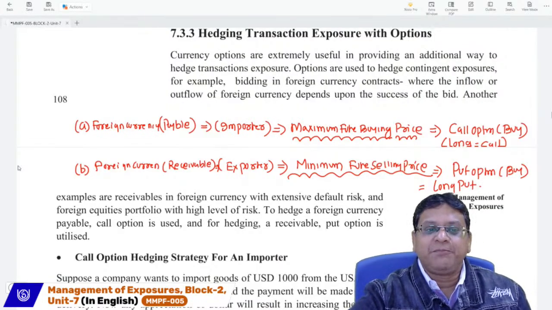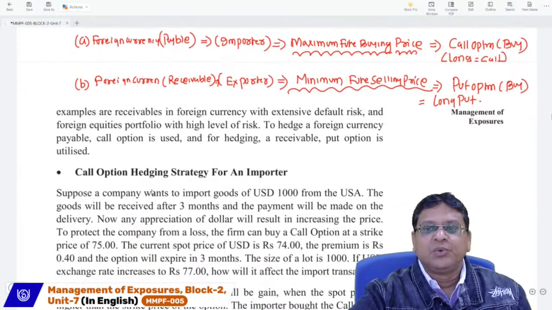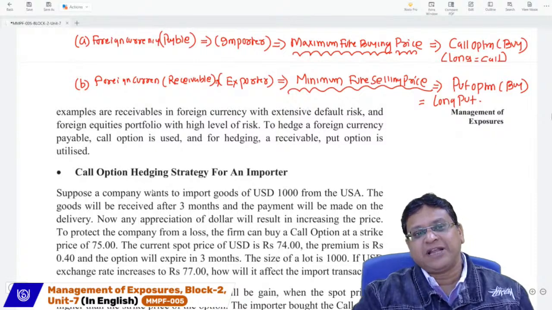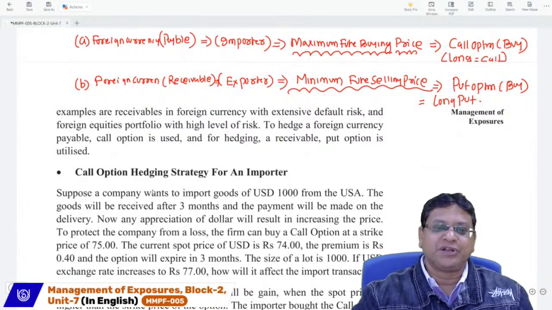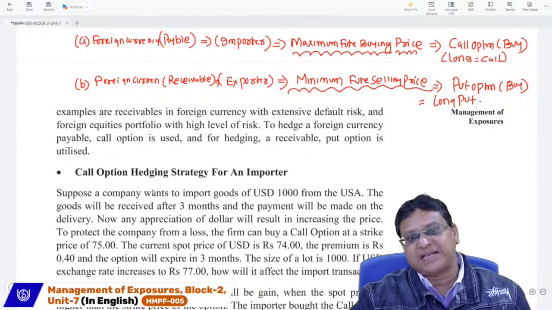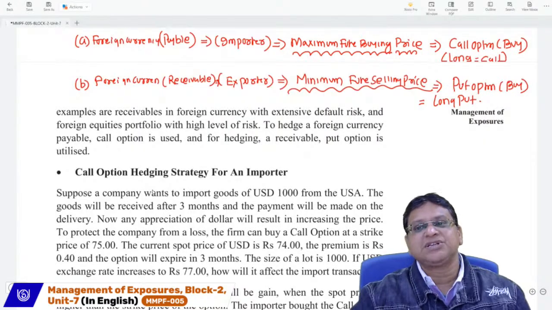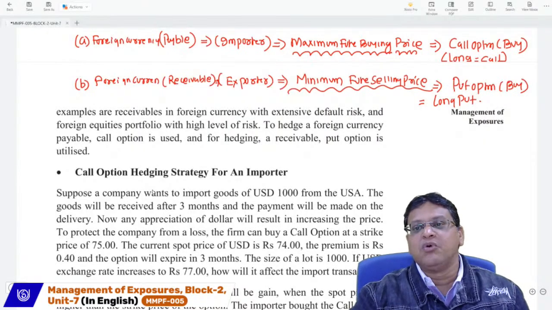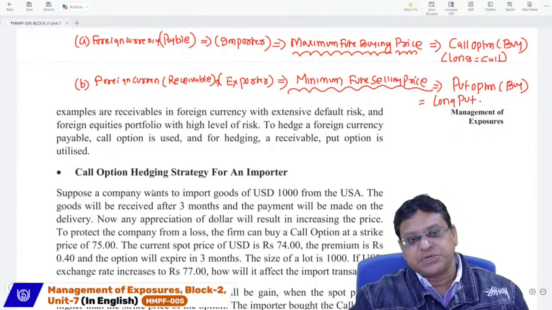So how can we hedge our position with the help of option? There can be foreign currency payable or foreign currency receivable. If it is importer, he wants to fix the maximum future buying price. So he will go for long call strategy or he will go for buying call option.